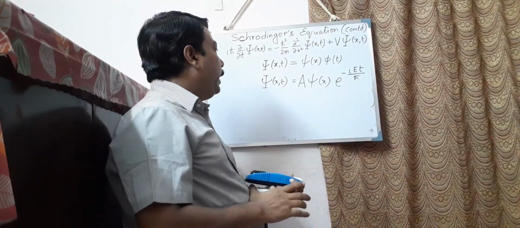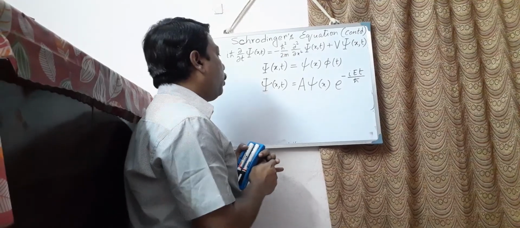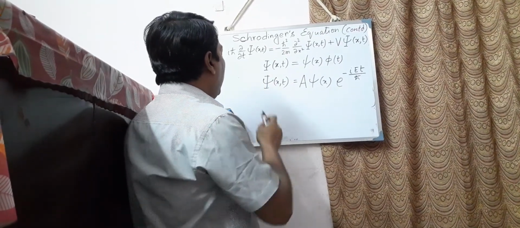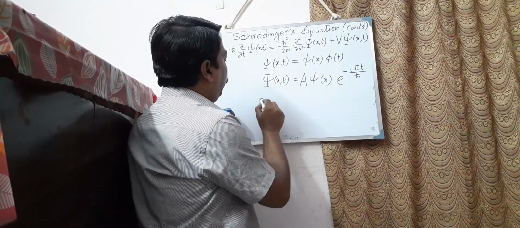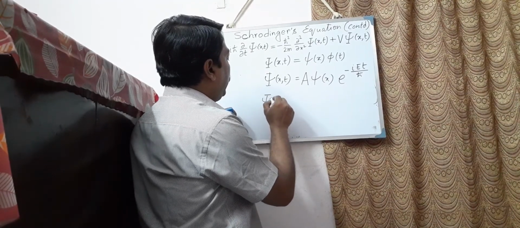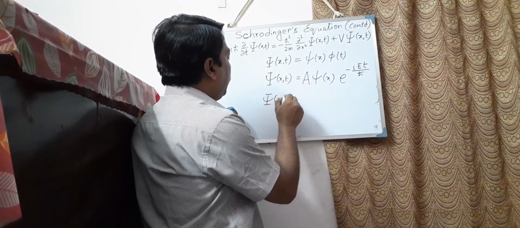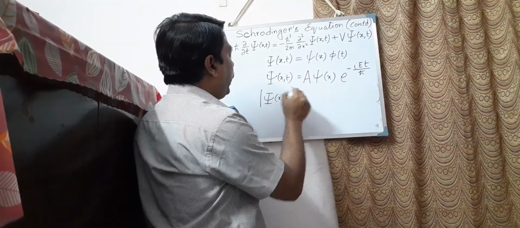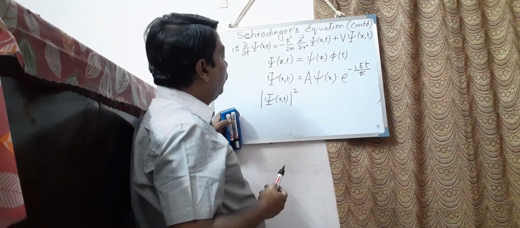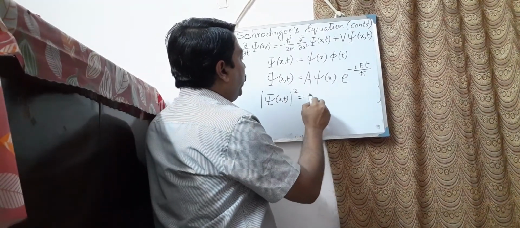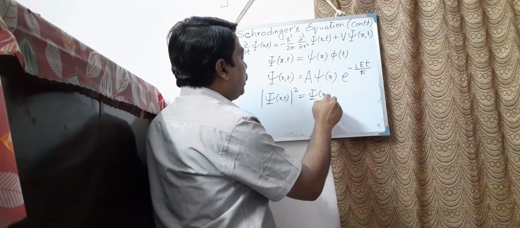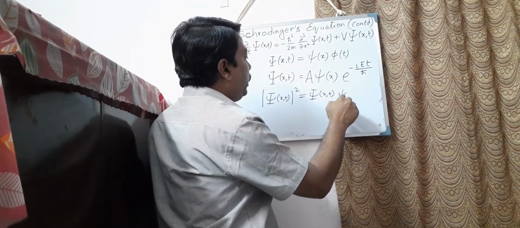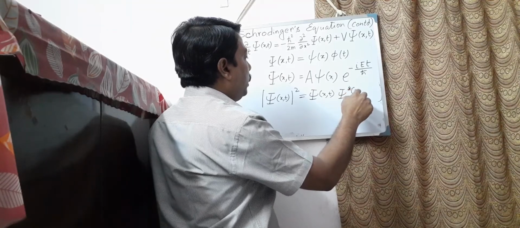I'll end by mentioning one last point. You see, the probability density, if you recall, was given by mod psi x t square, which stood for psi x t into psi star x t.